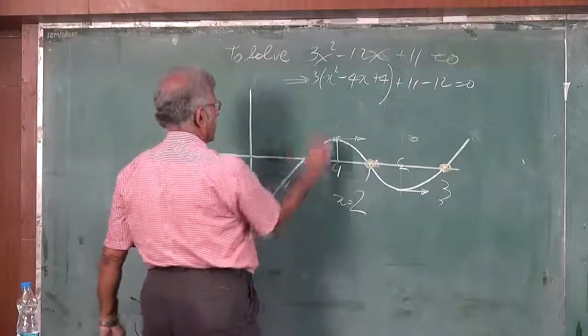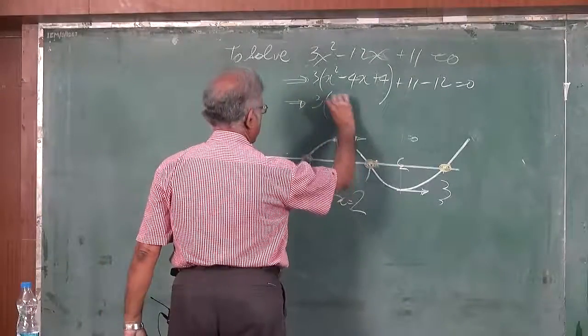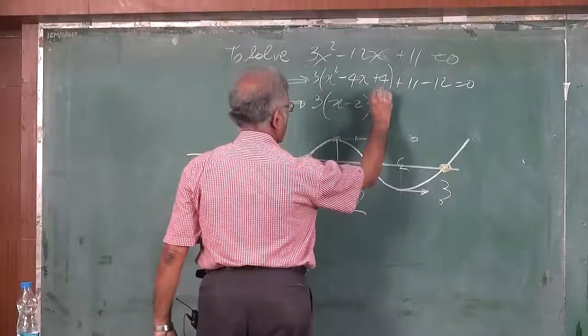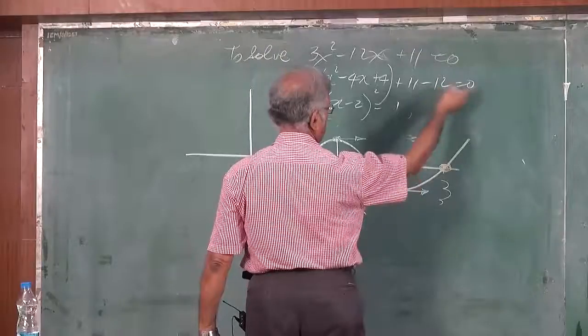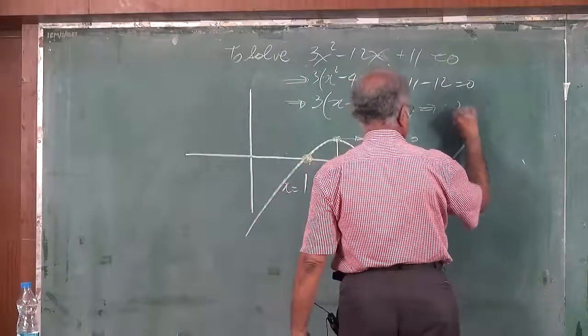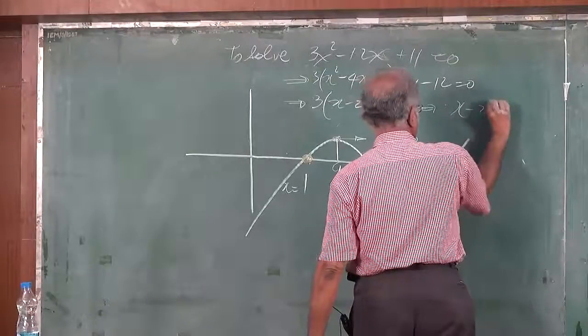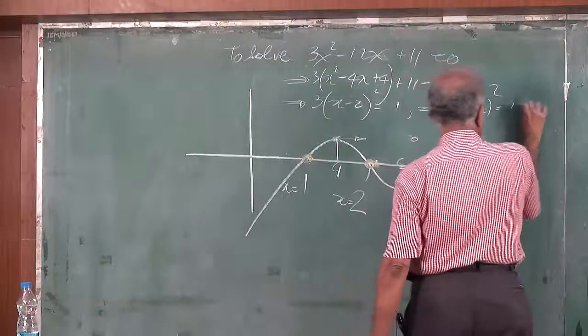So in other words, this is going to tell us that 3 times x minus 2 whole square is equal to 1, 12 minus 11, which implies x minus 2 whole square is equal to 1 by 3.